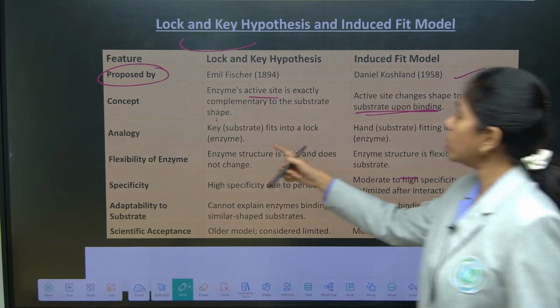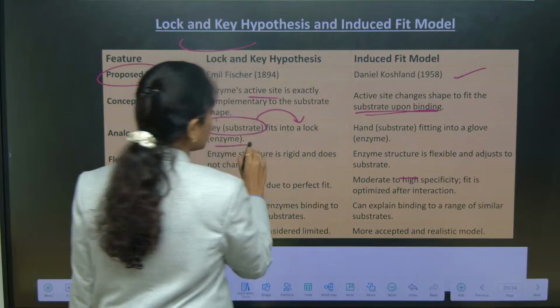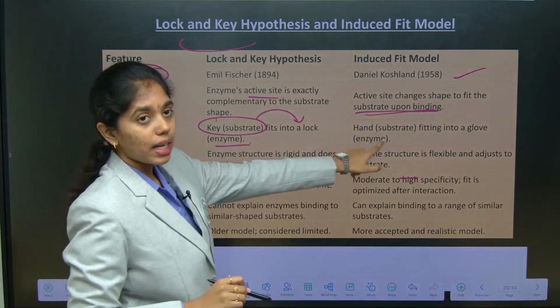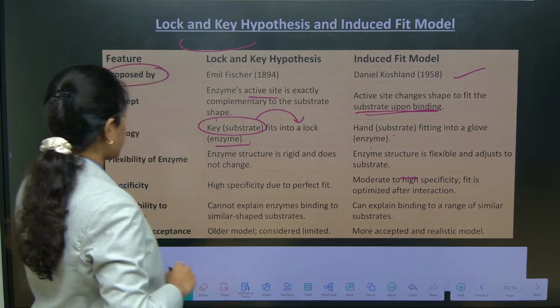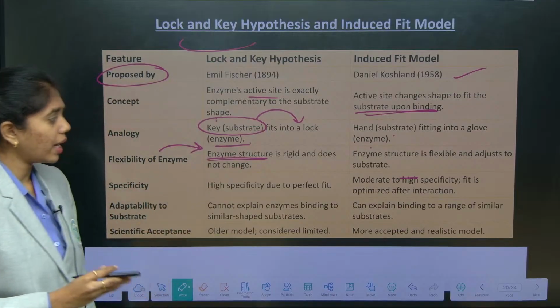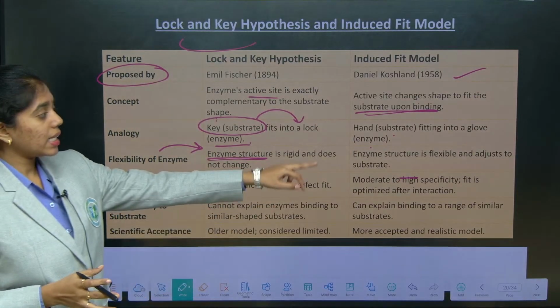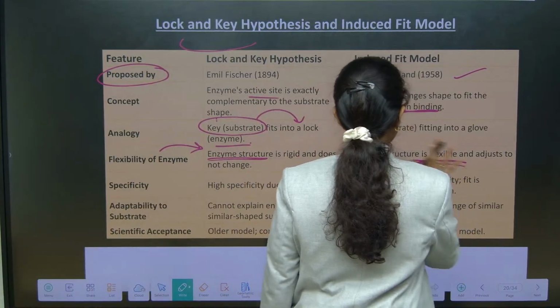Analogy: the key is the substrate which fits into the lock, that is the enzyme. Here the hand is the substrate which fits into the glove, that is the enzyme. Flexibility of the enzyme: in lock and key, the enzyme structure is rigid and does not change. Here the enzyme structure is flexible and adjusts to the substrate.